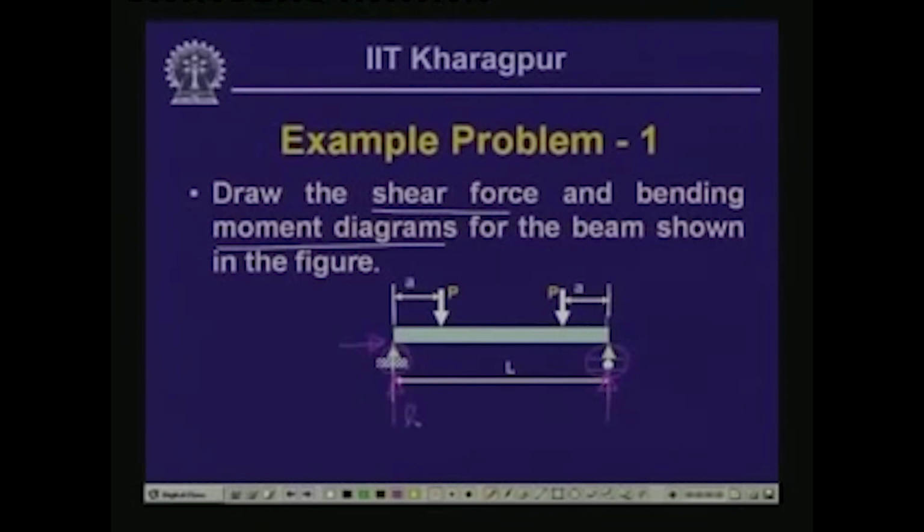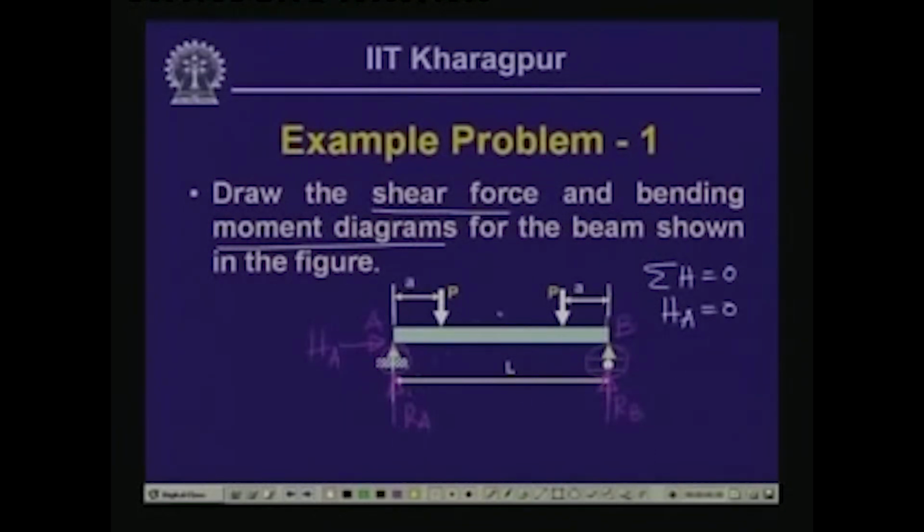We call these RA and RB for the beam AB, and the horizontal force is HA. In this particular beam, summation of horizontal force equals 0 gives us the value of HA as 0.